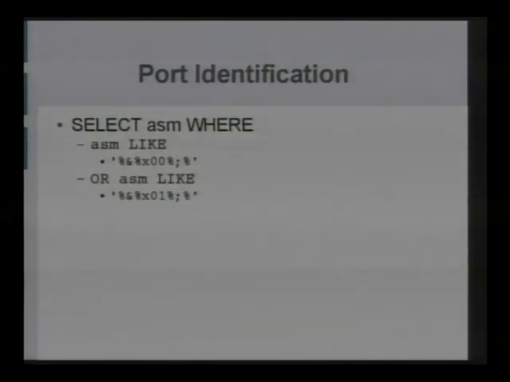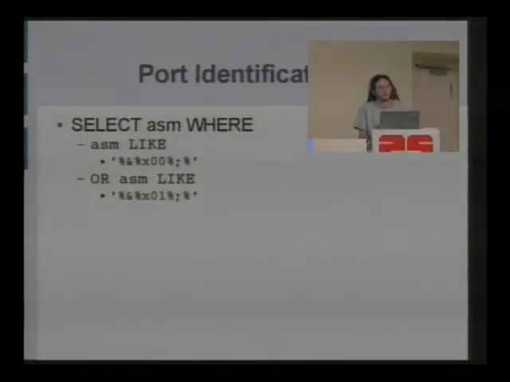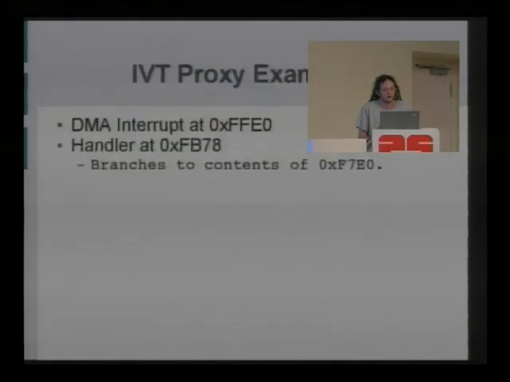You can do SQL queries to identify these, though. So this selects all assembly code where an address less than 100 or less than 200 is used. This gives you every access to every port, and then you have a table on which you can compare the ports.